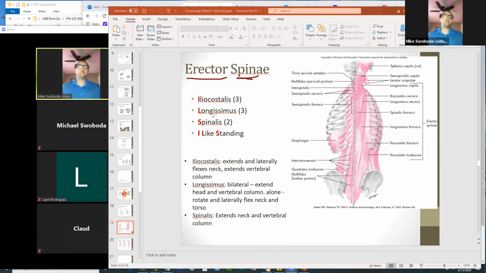So you have your iliocostalis, your longissimus, and spinalis. It's not so important that you remember the individual muscles. What's more important is that you know collectively what the erector spinae muscles do. And those do two things. They do back and neck extension, and they keep upright posture. That's the major two things they do. Now, they do have some lateral flexion ability.